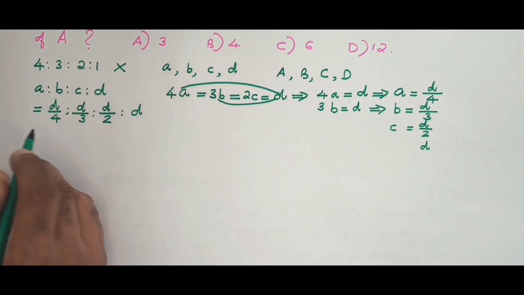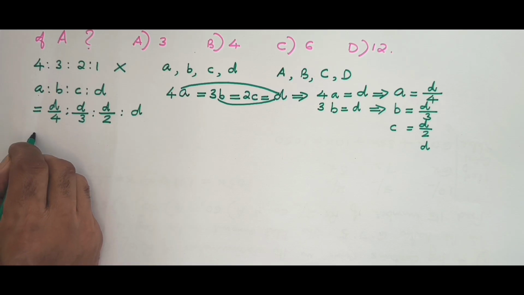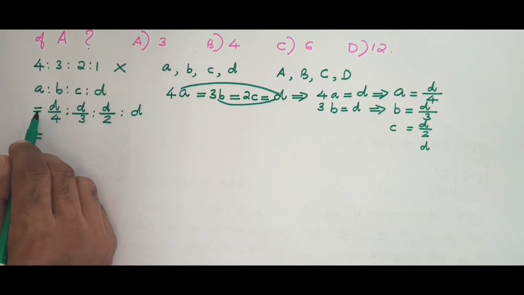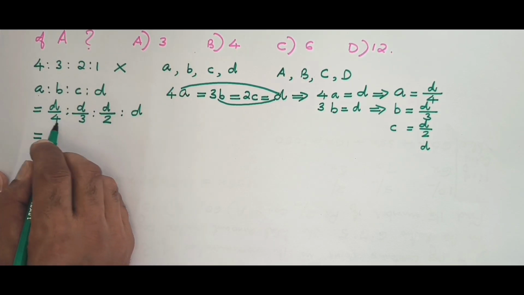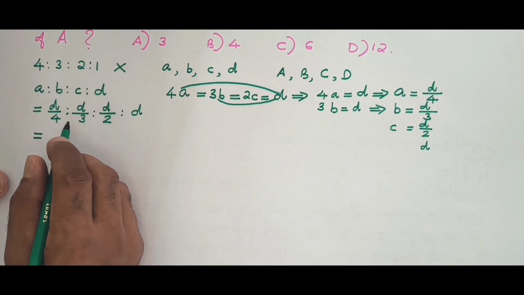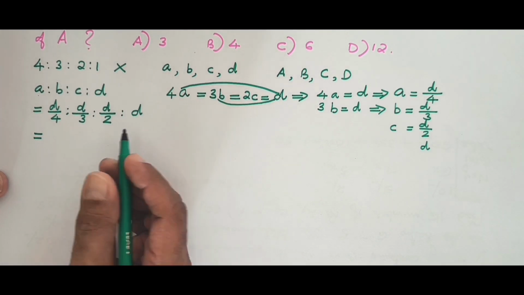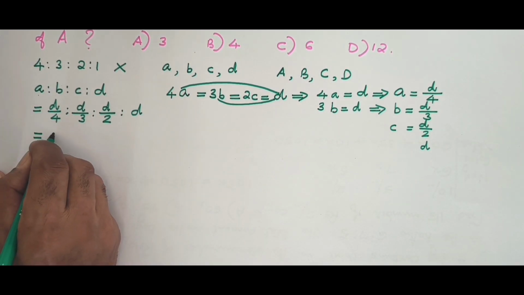Now we got a ratio with fractional terms. So to convert this into a ratio of whole numbers, the first thing you can observe is D is common. So let's divide the ratio throughout by D. If you divide or multiply a ratio by the same number, the ratio will not change. So D will cancel out.